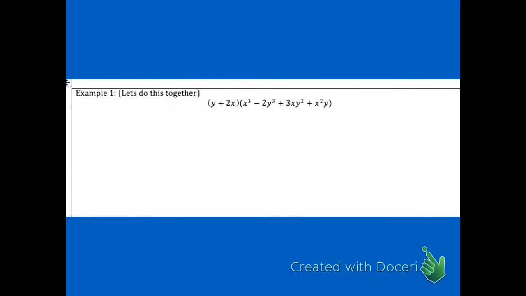And again, you just have to make sure you're multiplying every term by every term. So give yourself some room here. You're going to have to multiply your y times x to the third, and that gives us x to the third y. And we multiply the y times the negative 2y to the third, and that's going to give us negative 2y to the fourth.